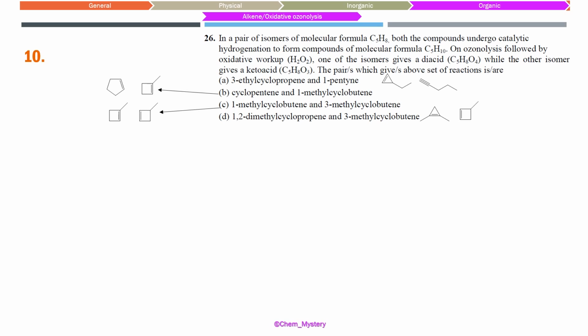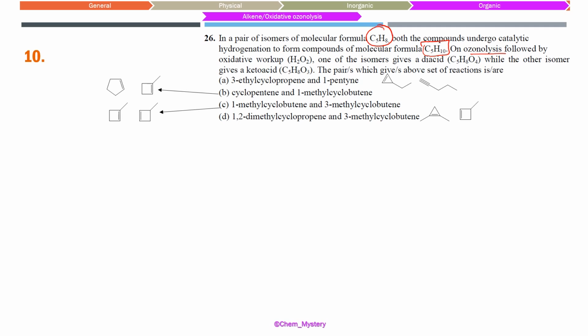There is a pair of isomers possible for the given molecular formula. The molecular formula given was C5H8. Firstly, it is hydrogenated to form C5H10, which tells us that only one double bond is being reduced, not both the double bonds. And then we are doing ozonolysis followed by oxidative workup, which tells us this is oxidative ozonolysis.